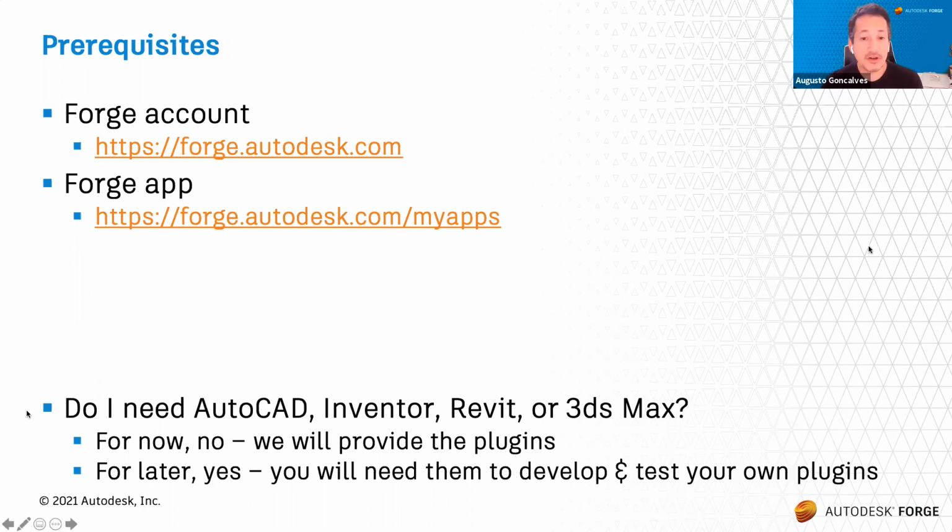That is just because of the time. We're going to provide you the app bundle, the code to execute. But if you're going to create your own activity, you need the engines to develop and test your code locally. So you need the engine that you are going to execute. But for today, we don't need it.